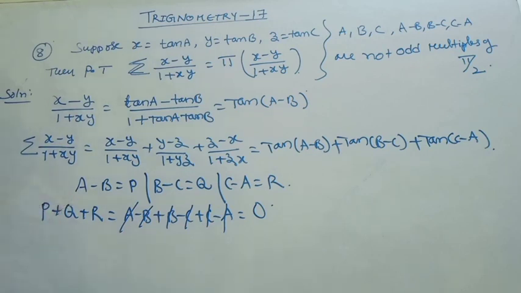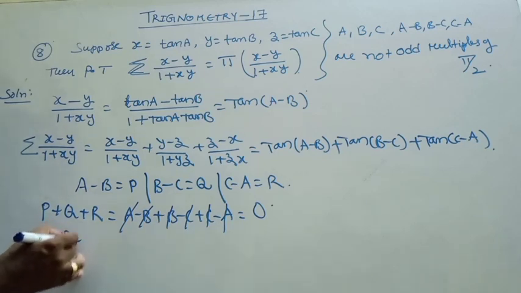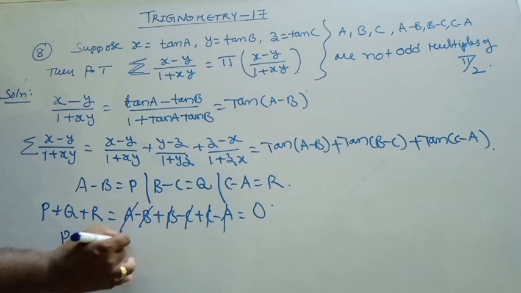That means P plus Q plus R equals 0. Then we get P plus Q is equal to minus R.